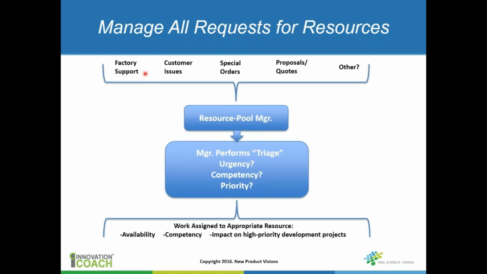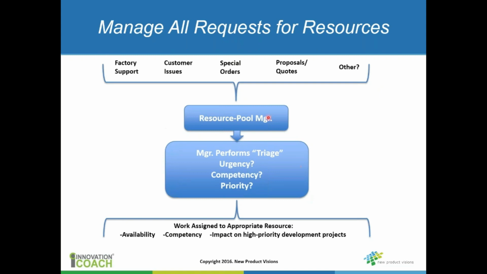Maybe manufacturing is coming and saying, hey, I need this person to do this. But the manager knows that there's somebody else who can do this. They actually have more time right now, so rather than going to this particular person that manufacturing wanted, we're going to have another resource do this because it's really a better use of the resources.